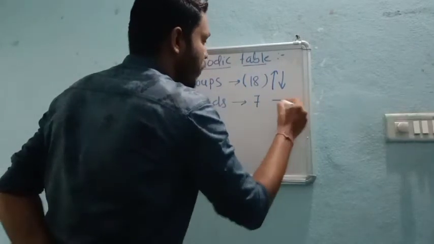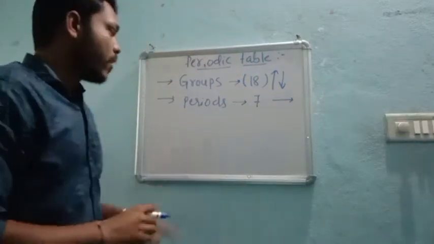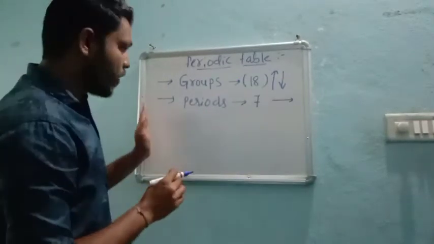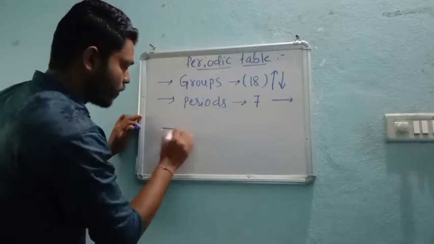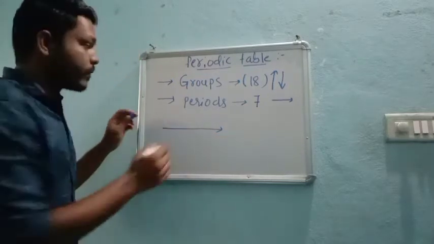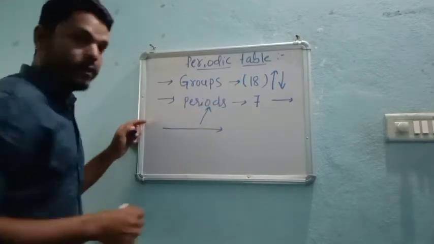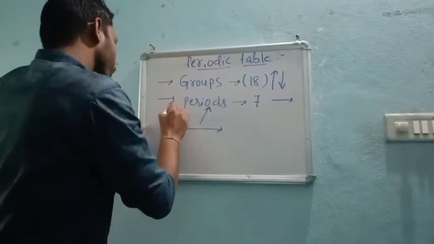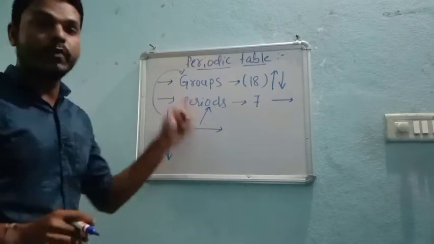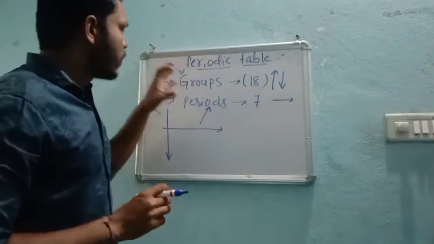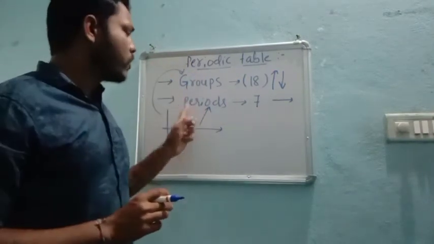That means horizontal rows, from left to right. If we move in the periodic table from left to right, that is called a period. If we move from top to bottom, that is called a group. This is very important.